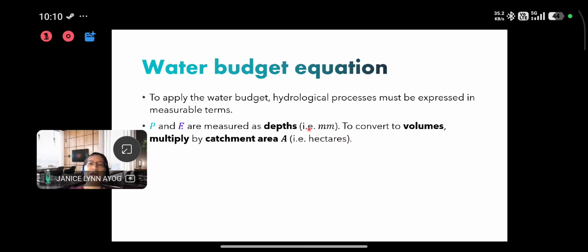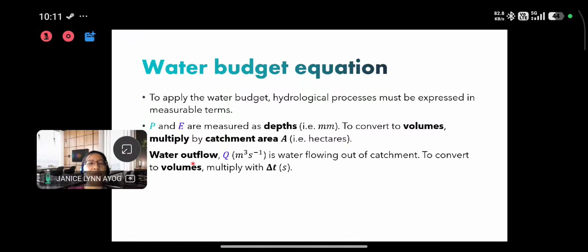So to convert from depth to volume, you multiply by the catchment area. Normally the catchment area is given in hectares, but sometimes it's given in square meters or square kilometers.